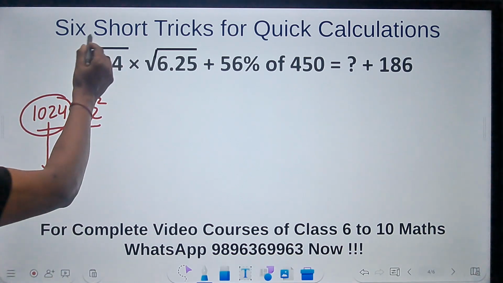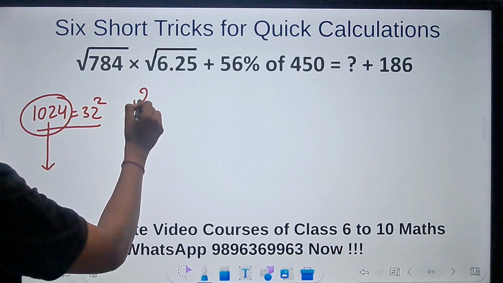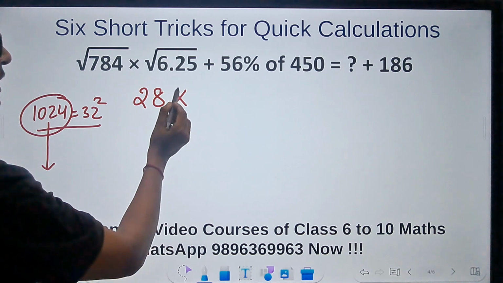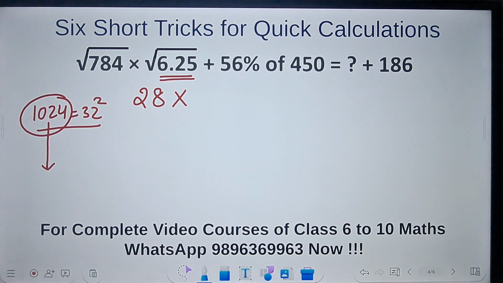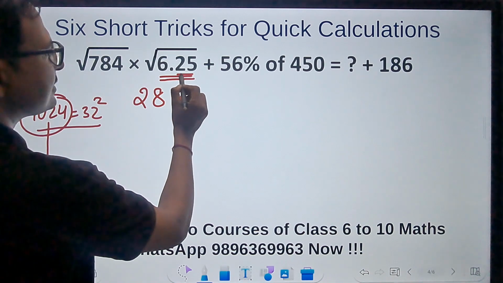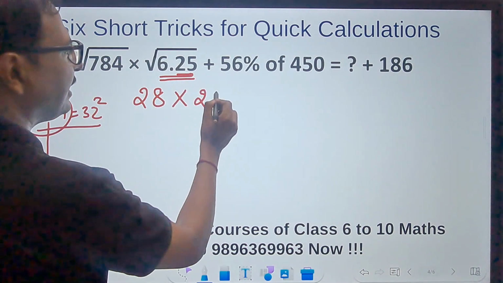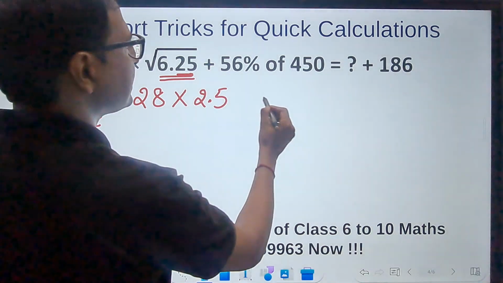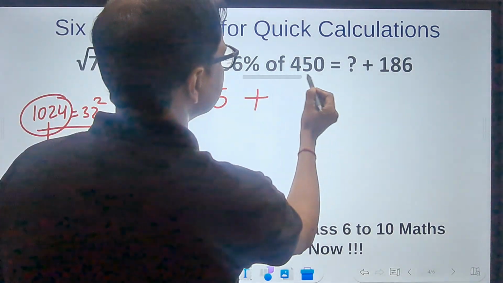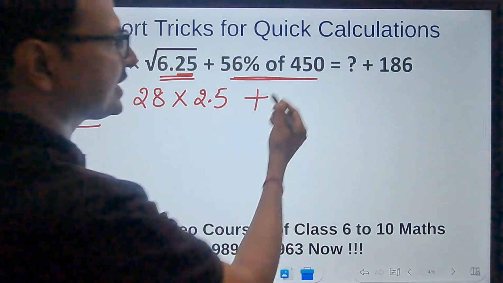So the square root of 784 is 28 times the square root of 625 is 25, and since there are two decimal places here, so 25 will have one decimal place, that is 2.5, plus, now what do I do with 56% of 450? Now this is really interesting actually.